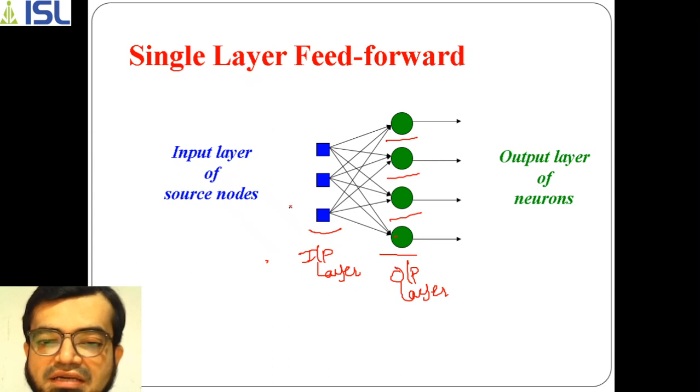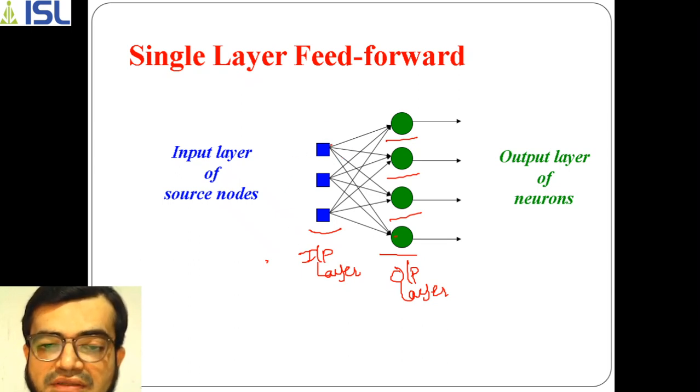It's not something that gives you only a single output. Instead, we are giving a multiple set of outputs. That means simultaneously it is giving a set of outputs for the given set of inputs.